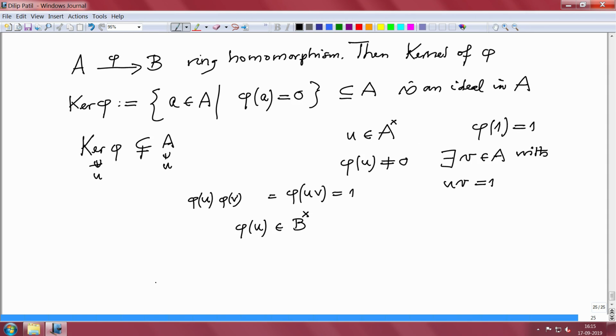That means this phi induces a group homomorphism on the unit groups.